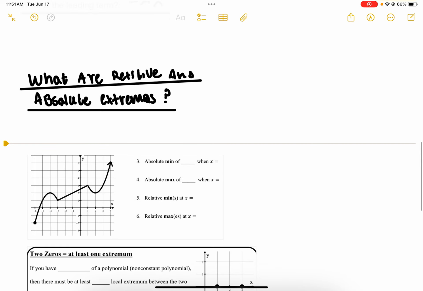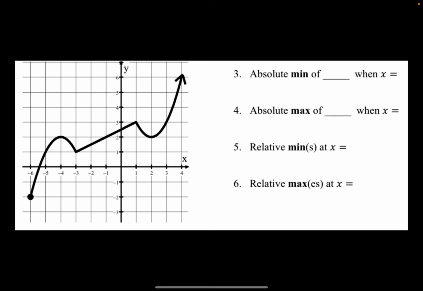Now, what are relative and absolute extremas? Let's zoom into this picture. A relative extrema is when the polynomial function switches from a maximum to a minimum or from a minimum to a maximum.